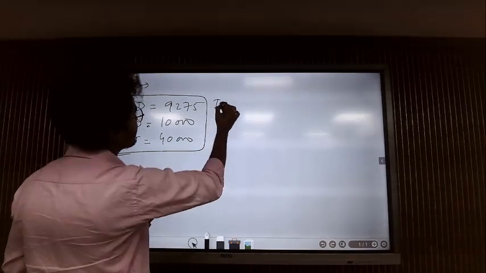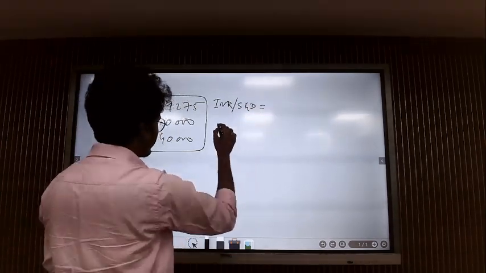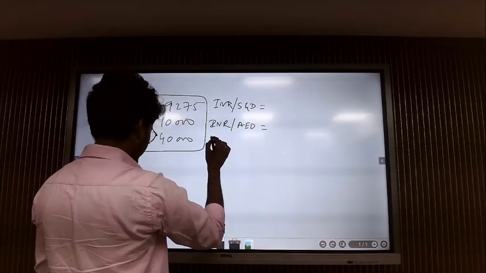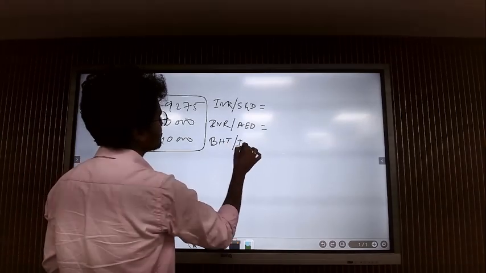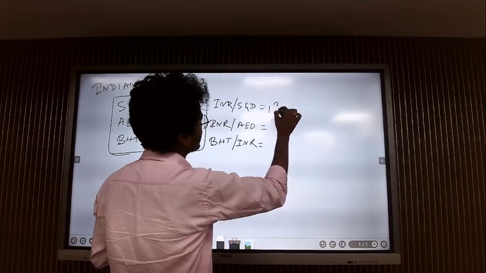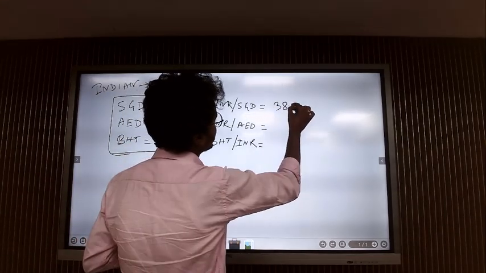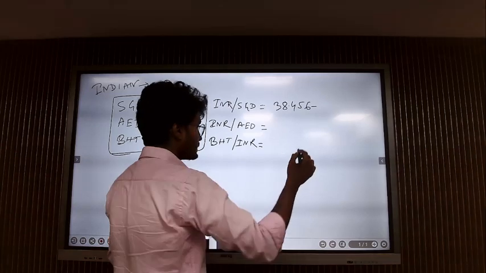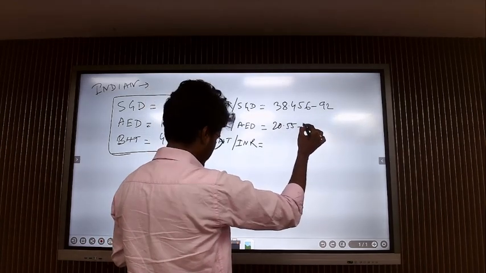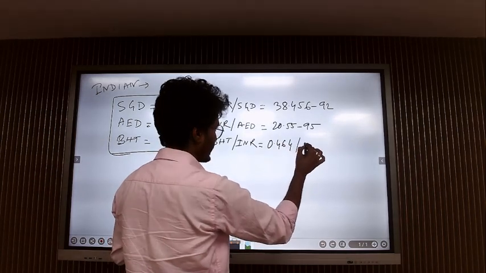The exchange rate given: INR by SGD, INR by AED, but the last one is Baht by INR. 38.456, the two-way quote 92, next quote 20.5595, and the last one 0.464 by 98.